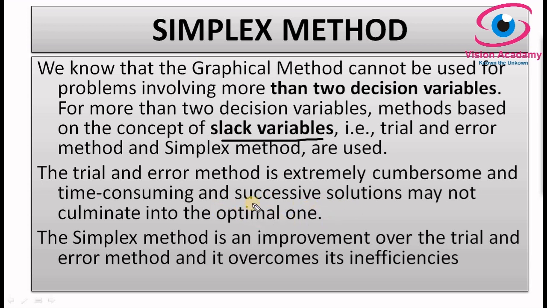For that we use the simplex method. The simplex method is an improvement over the trial and error method, and it overcomes the deficiency involved with the trial and error method. In this lecture you will understand the steps to solve the simplex method.